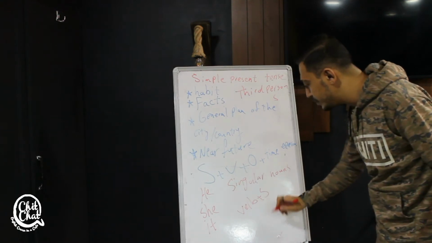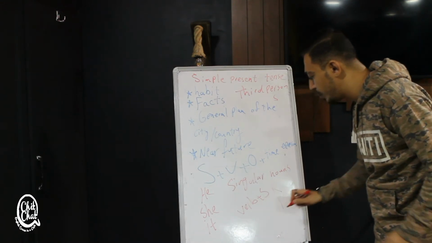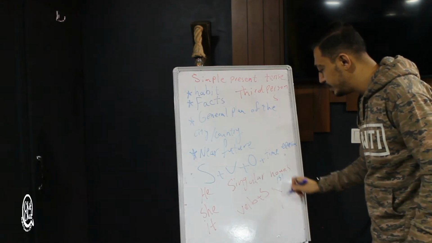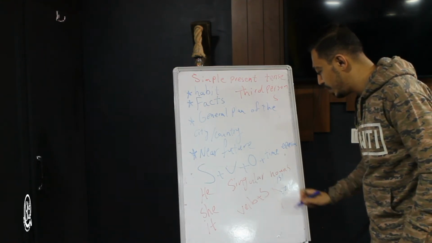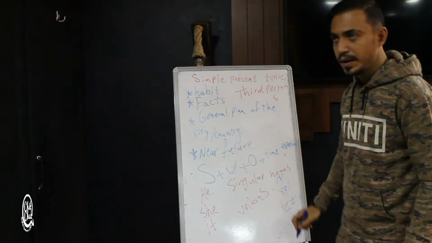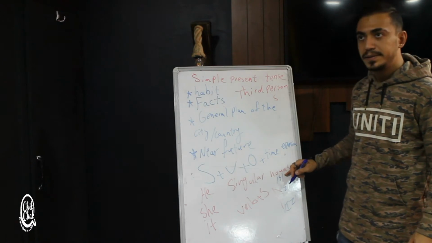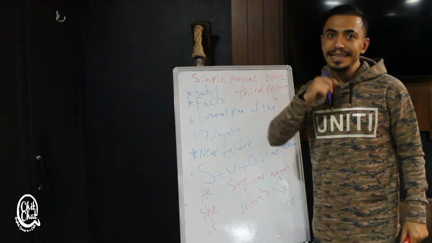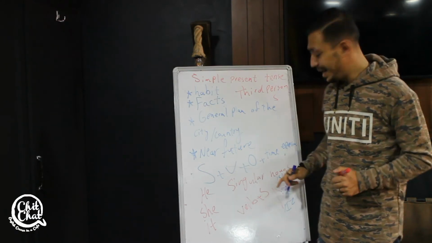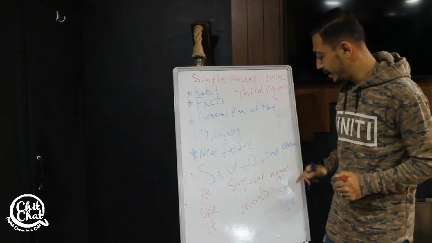When you add s to the verb, it has three pronunciations. It has an s pronunciation, a z pronunciation, and an iz pronunciation. For example, for the s sound, I eat, she eats. It has an s sound at the end.